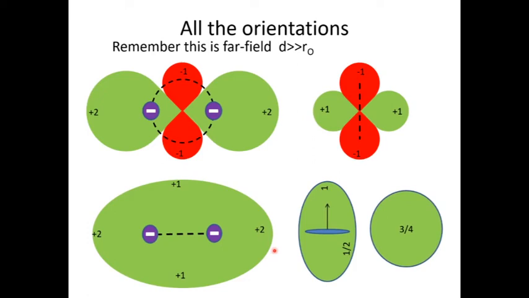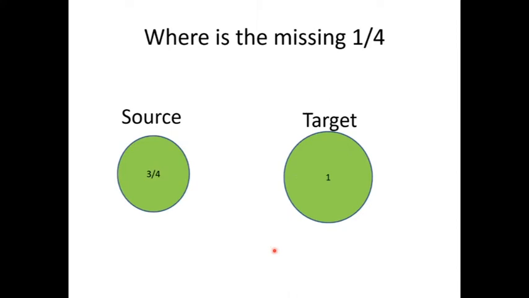And this is just for the source, because we compare it to the target, because nothing matters in the target. The target always looks like a charge of 1, but the source averages over time and angle to be 3/4. So where is the missing quarter on the source? Okay, the possibilities are that there's another force.